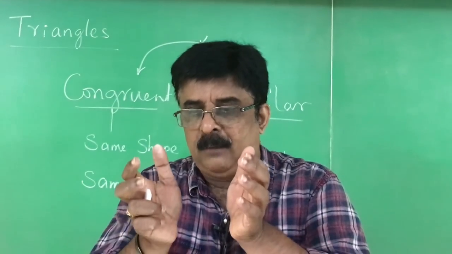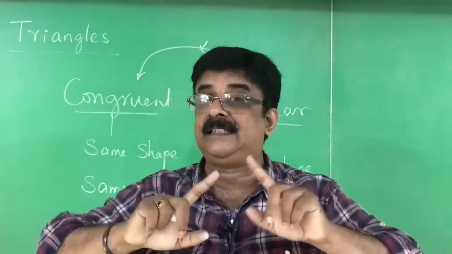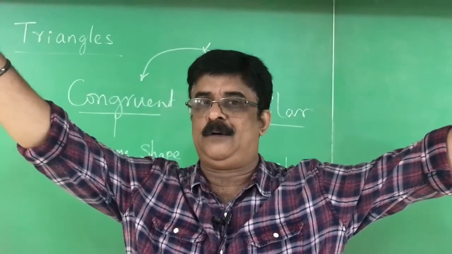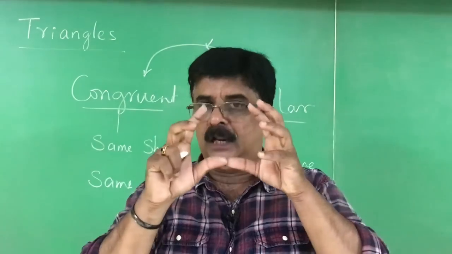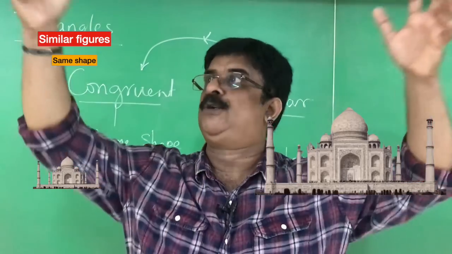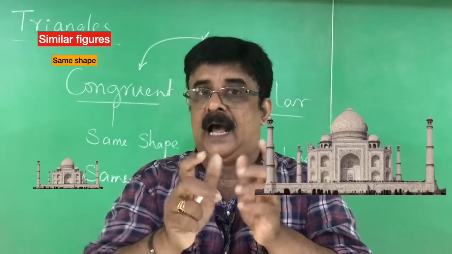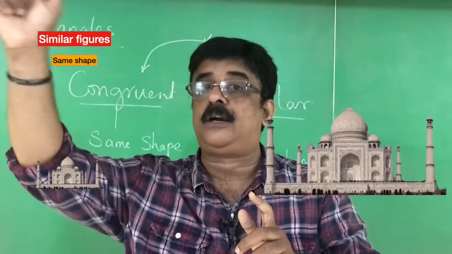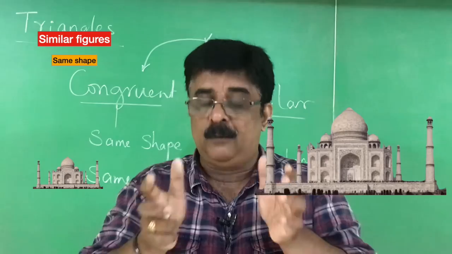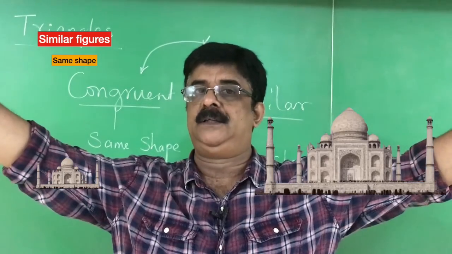The model of the house and the actual house are similar. We have seen the model of the Taj Mahal and the actual Taj Mahal. They are not congruent figures, but they are similar. Why? Because the shape of the model and the shape of the actual Taj Mahal is the same.